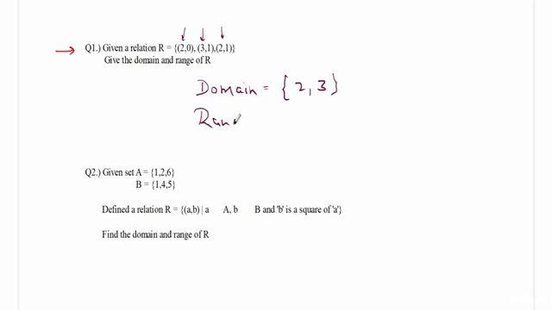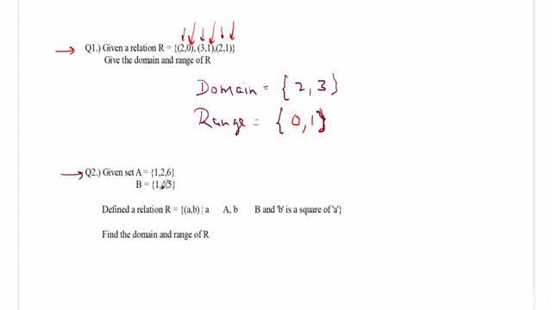And range means all the second elements of the ordered pairs. So this and this will go in range, 0 and 1. Because we don't have to write 1 twice. So this is how we get the domain and range of a relation.